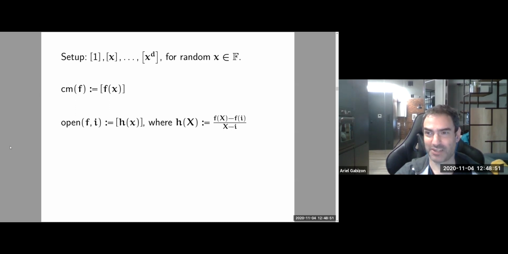So it's going to be divisible by x minus I. So this thing is really a polynomial. It's not a rational function. So the opening proof will be just the encoding of this polynomial.